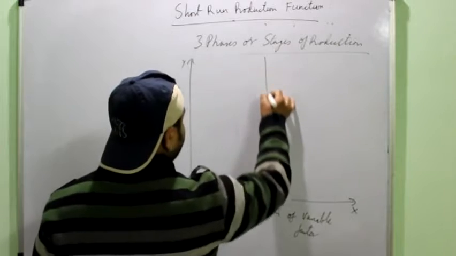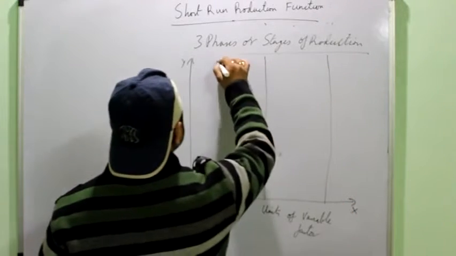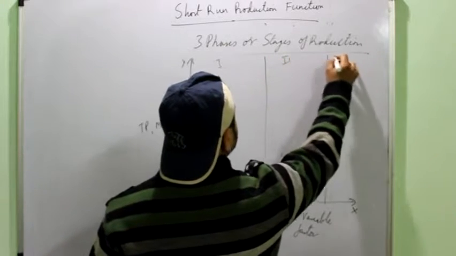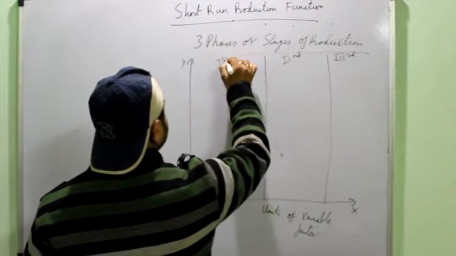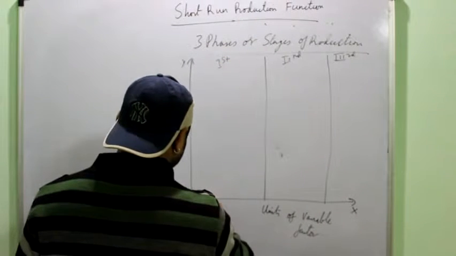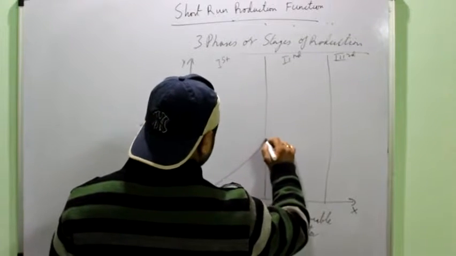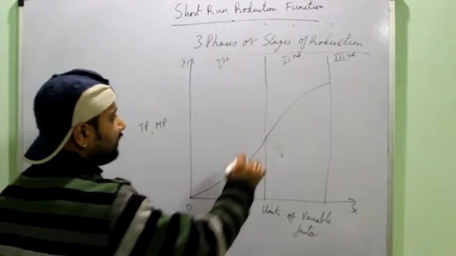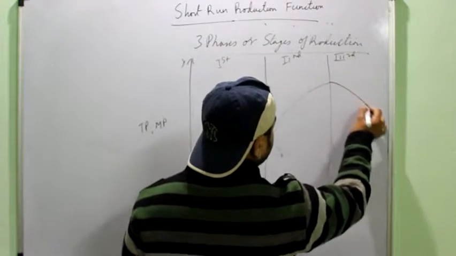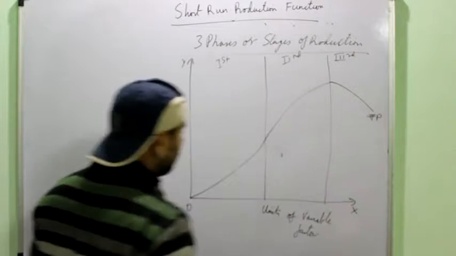You can first divide your graph into 3 parts, for the first stage, for the second stage and for the third stage. Okay, first I draw a concave curve, then a convex curve, and then diminishing. This is the total production.